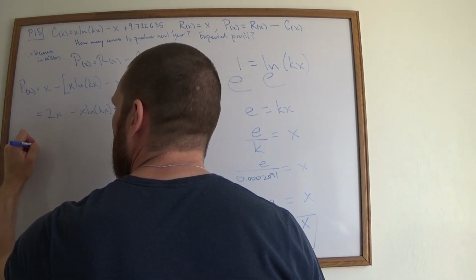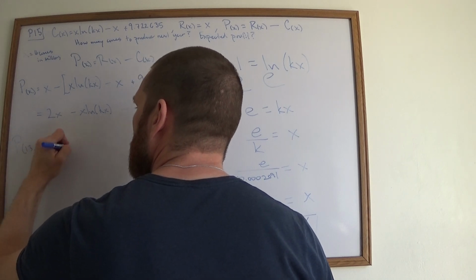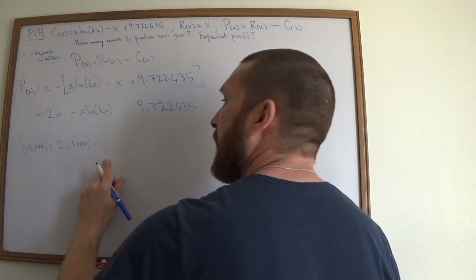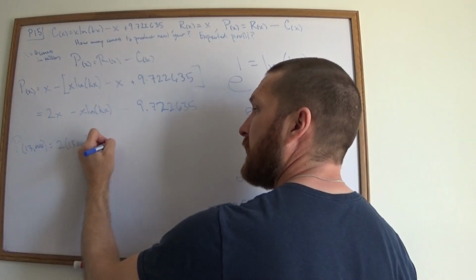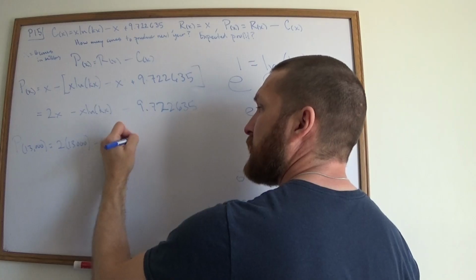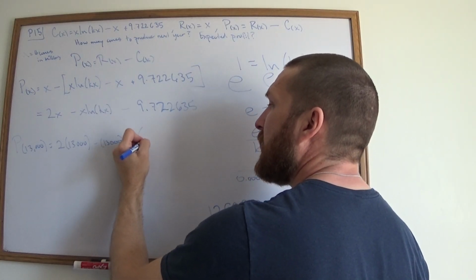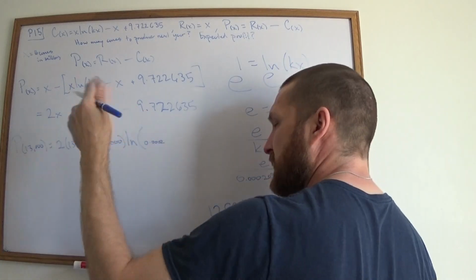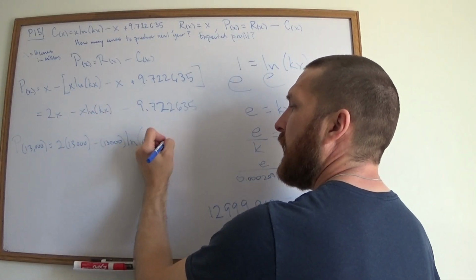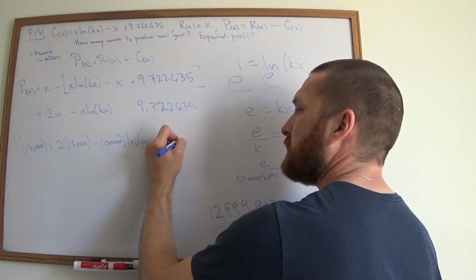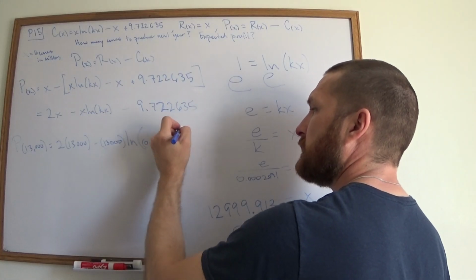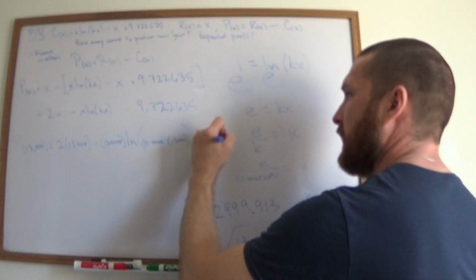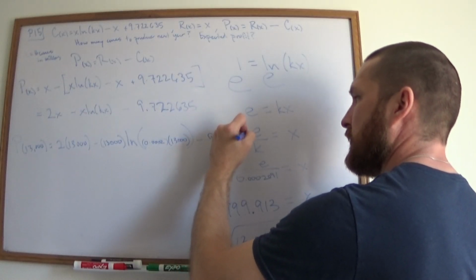I'm going to plug in 13,000: equals 2 times 13,000 minus x, where x is 13,000, times natural log of k, which was my 0.0002 stuff, which we'll get to, times 13,000, and finally minus 9.722635.